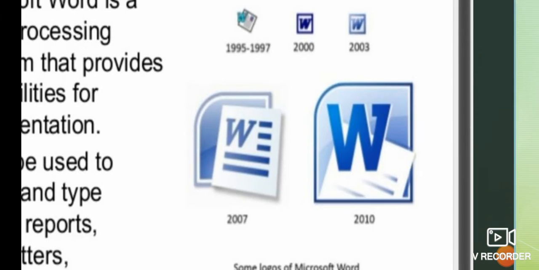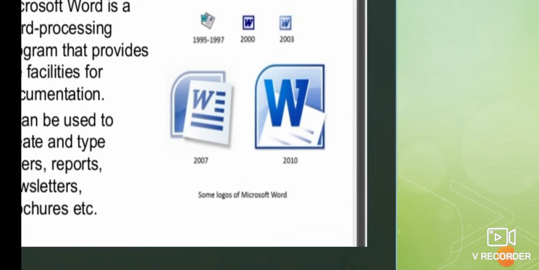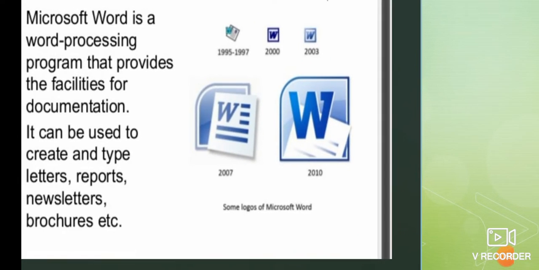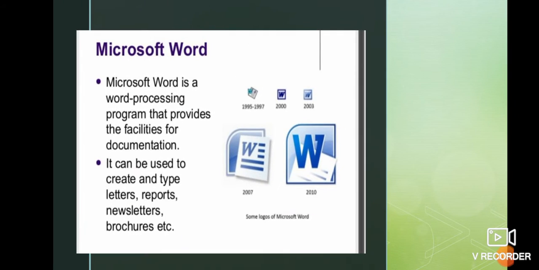And 2007, which most of the users are using, is 2007. So this is the MS Word icon symbol. And then 2010, where a few more advanced options are available compared to the previous versions. So MS Word is a word processing program that provides users with the means to do documentation work.